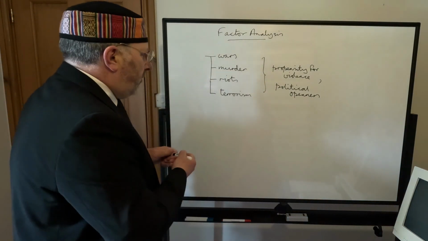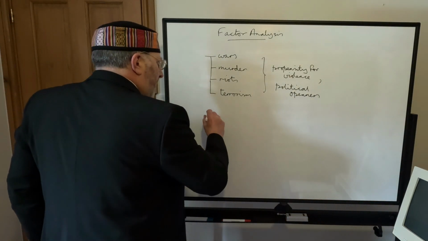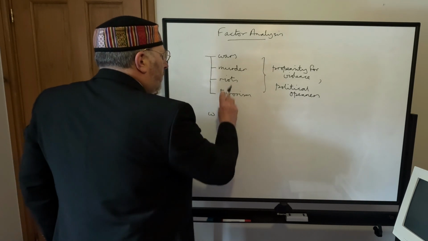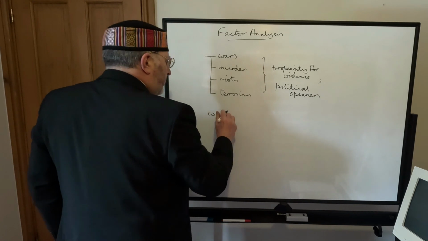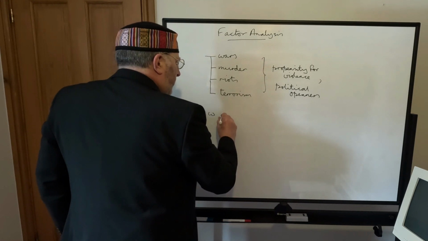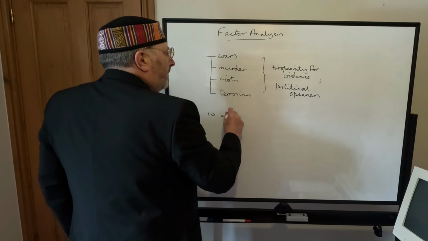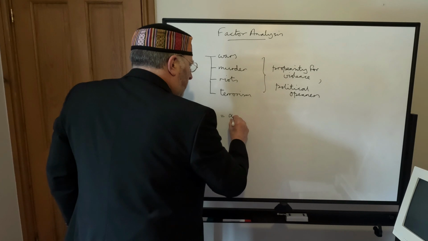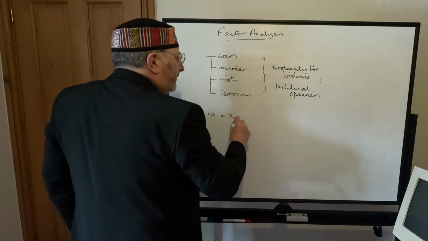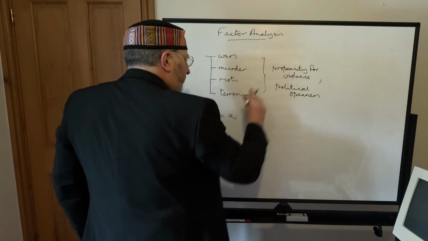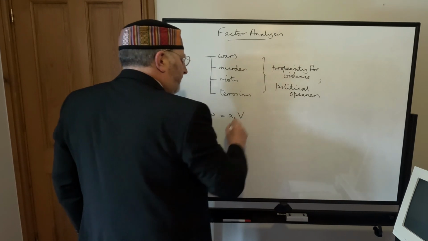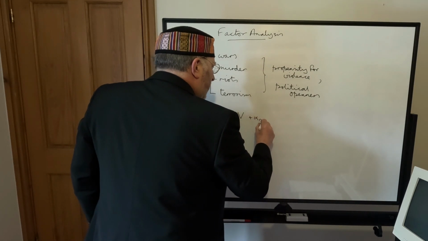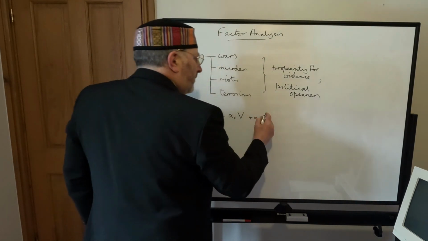And how we then approach that is that if we take our variables, we're saying that war, which I'll represent with a W, is equal to some factor, alpha 1,1 times the propensity for violence, which I'll represent with a V, plus some other factor, alpha 1,2 times political openness.